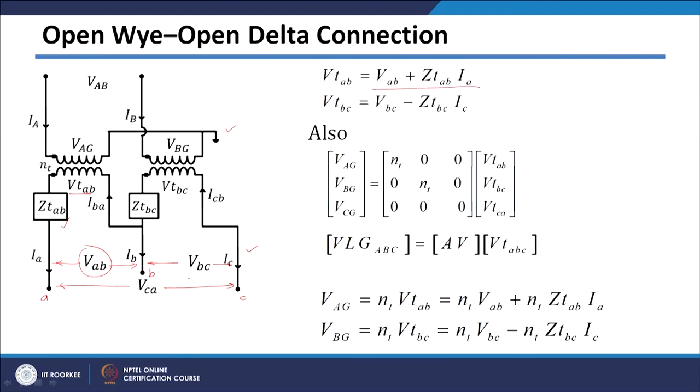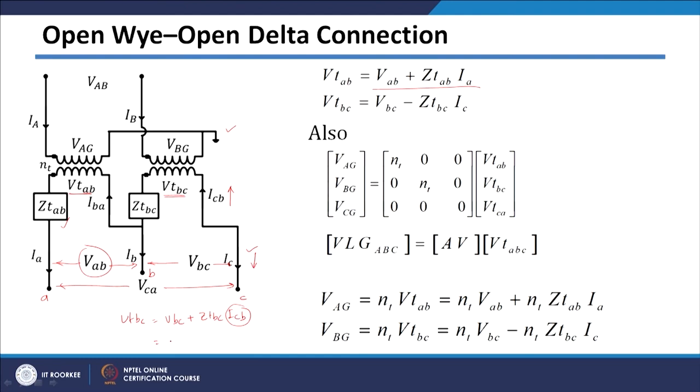In this case the voltage VTBC will be nothing but VBC plus ZTBC multiplied by ICB. However, ICB is nothing but minus IC, because the direction of ICB is like this and the direction of IC is like this minus.